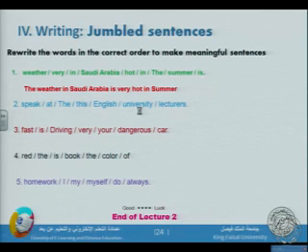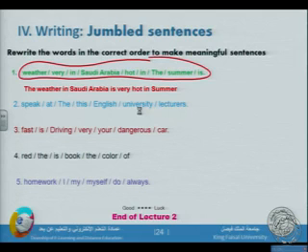So how about the jumbled sentence? I will just do one of these sentences. As you can see, here we have a disordered sentence. If I ask you to organize it, or reorganize it, or reorder it, you have to put first what? The subject, the weather.